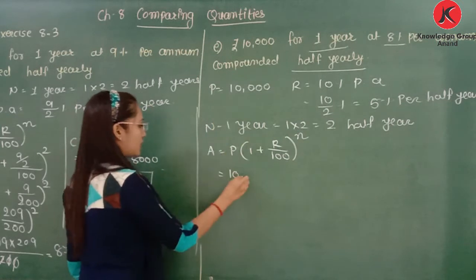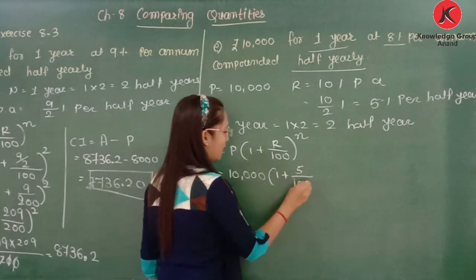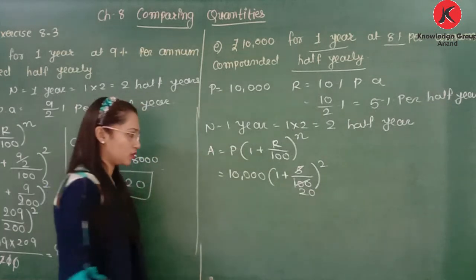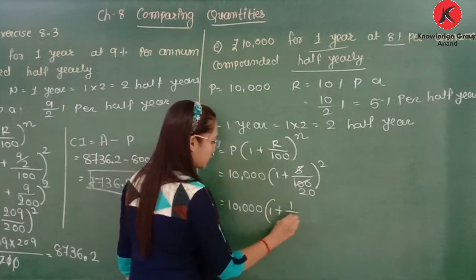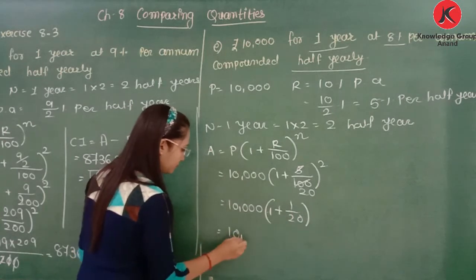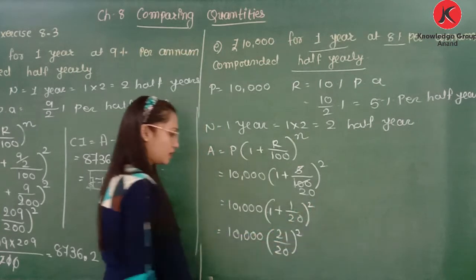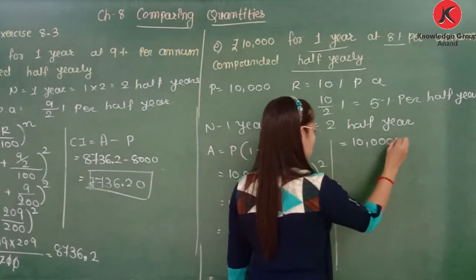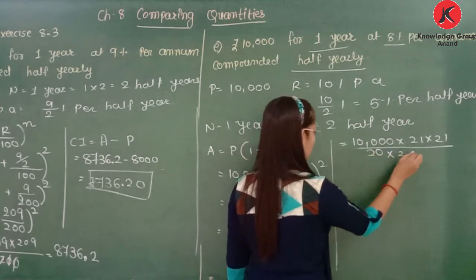So our principal value is 10,000, rate of interest is 5%, divided by 100, raised to 2. Here we can cancel out: 5 twenties are 100. So we get 10,000 times 1 plus 1 by 20. In the numerator, 20 ones are 20 plus 1, 21, over 20, raised to 2. Now 10,000 multiplied with 21 by 20, two times.